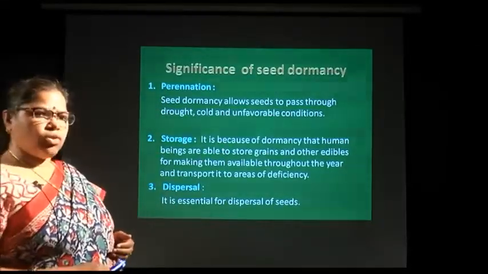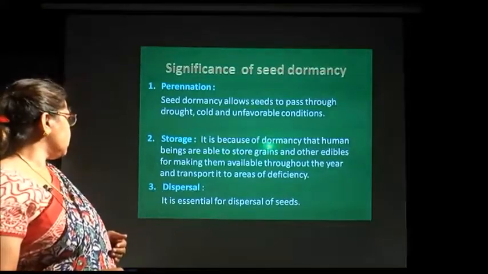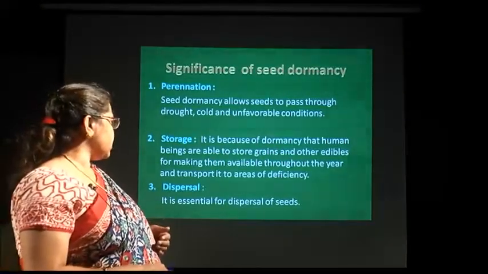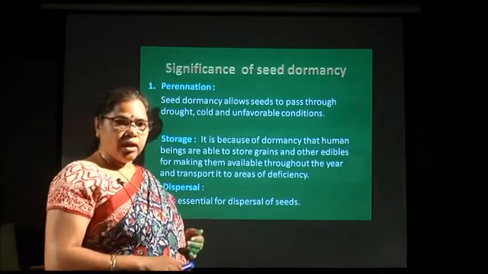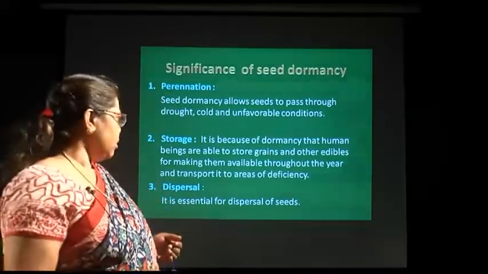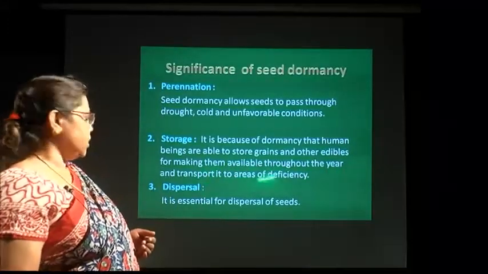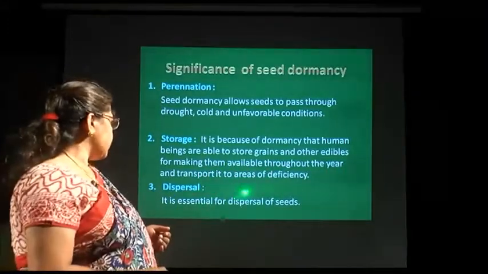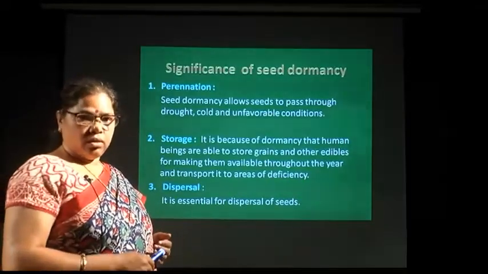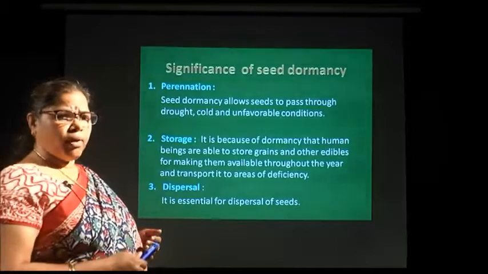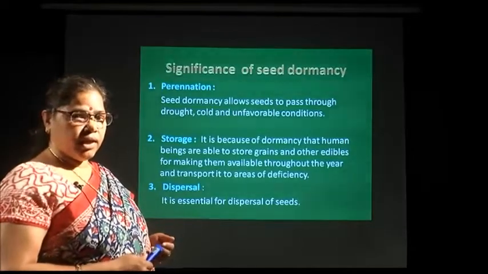Then storage. Because of this dormancy, the seeds are able to be stored. Human beings can store these seeds because they have a dormant period, so that they are available throughout the year, and they are transported to other places without any difficulty, where they are not found or in areas of their deficiency.